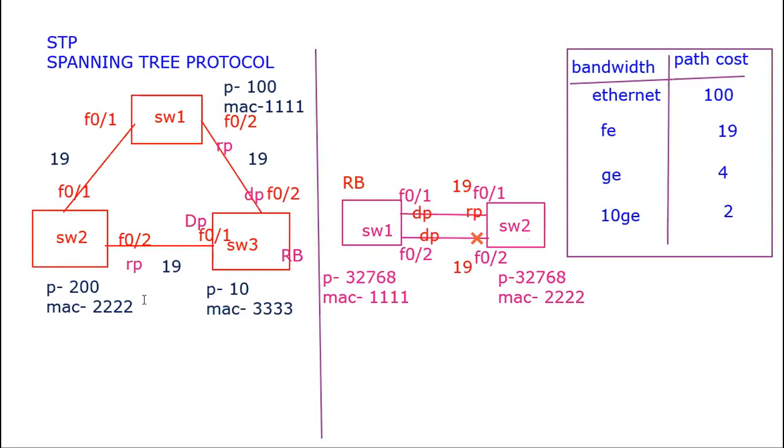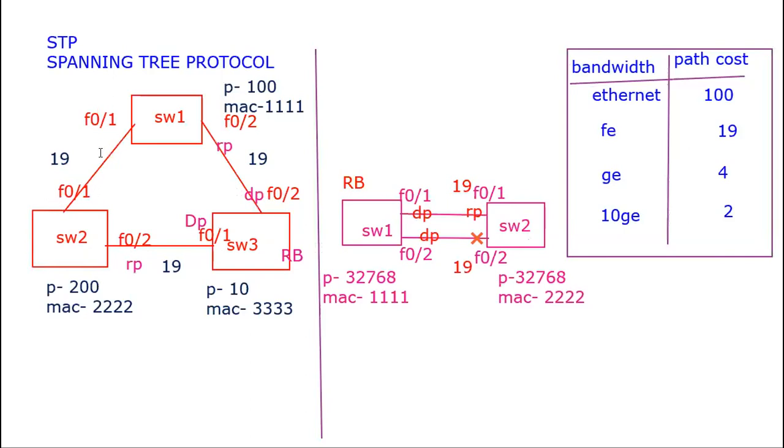The designated port election is based on the same criteria as the root port. Switch 2, one port is left. Switch 1, one port is left. Only one will be the blocked port and the other will be the designated port, because root port election is already done and on any switch there cannot be more than one root port. So one will definitely be the designated port.